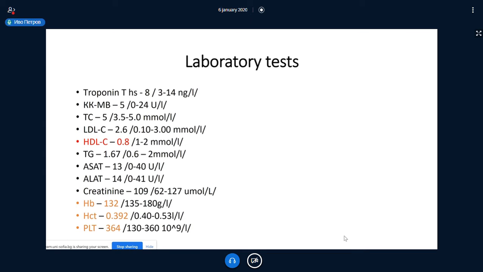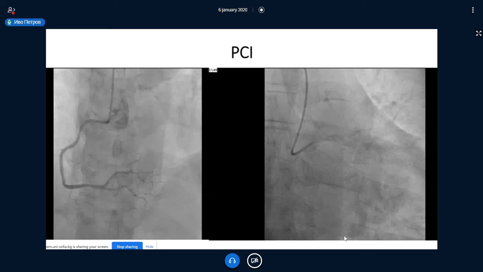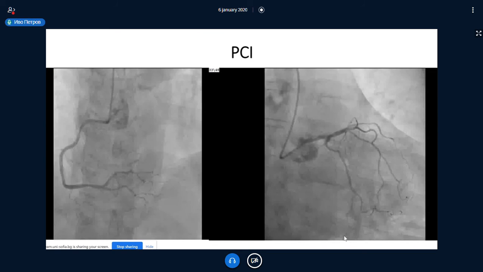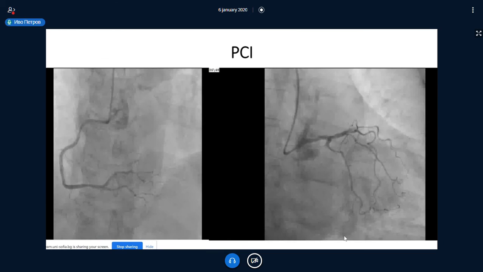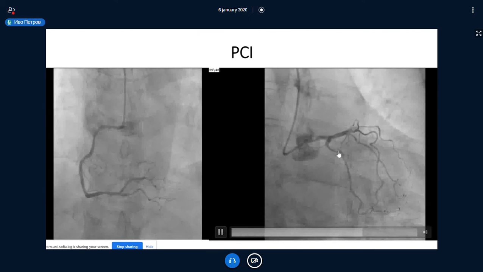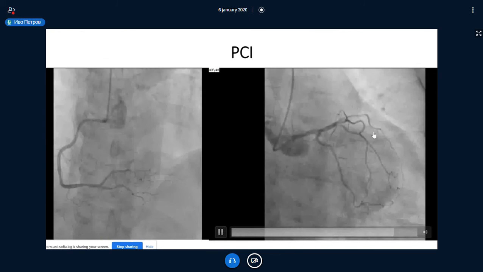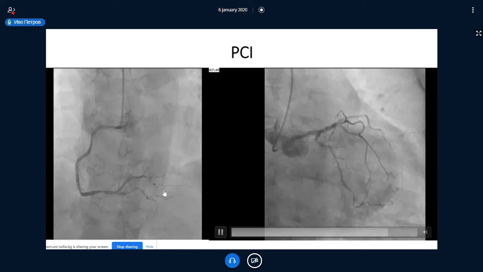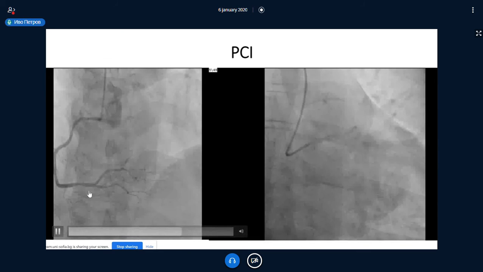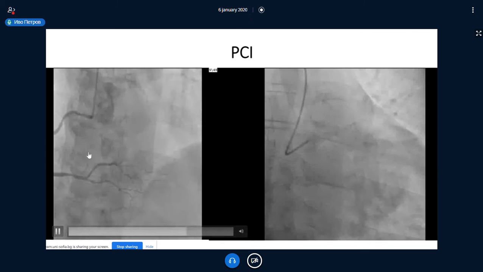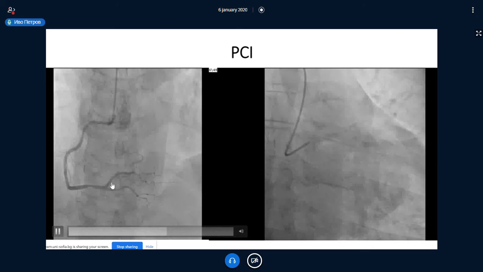Nothing very important in the laboratory tests, and we saw that he has mild left main disease, and also an intermediate stenosis of the right coronary artery, probably between 50 and 60%.